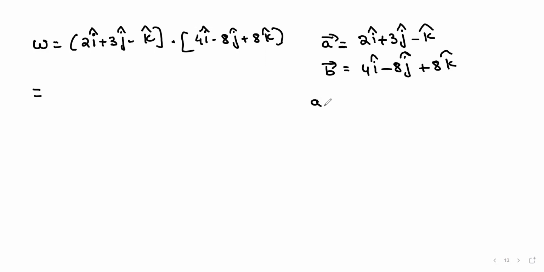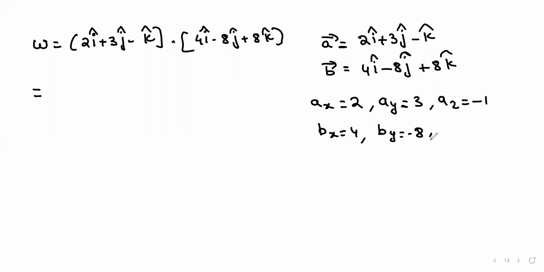So AX is 2, AY is 3, AZ is minus 1, BX is 4, BY is minus 8, BZ is 8.